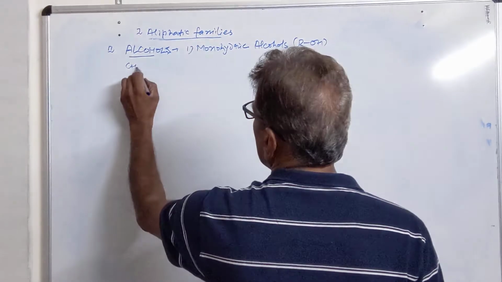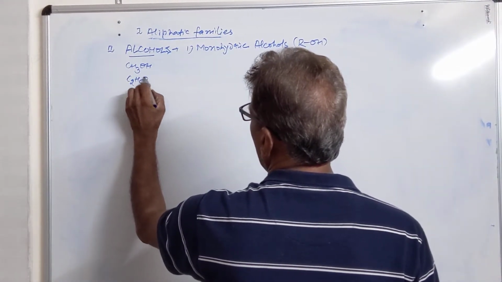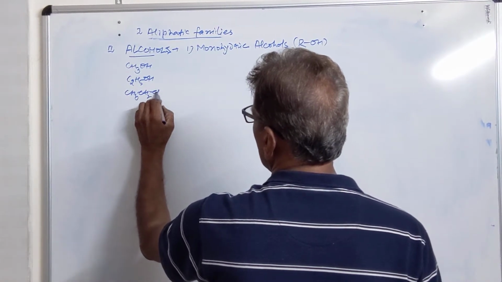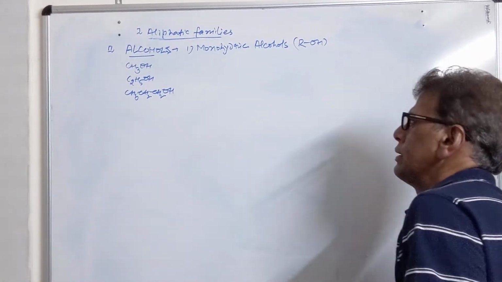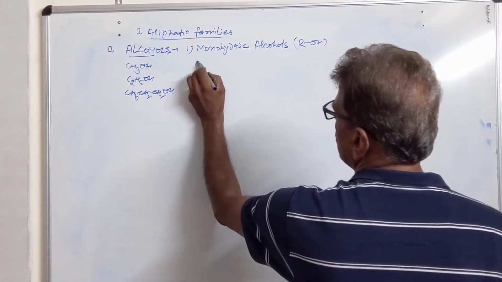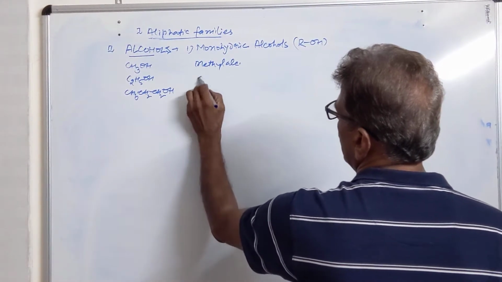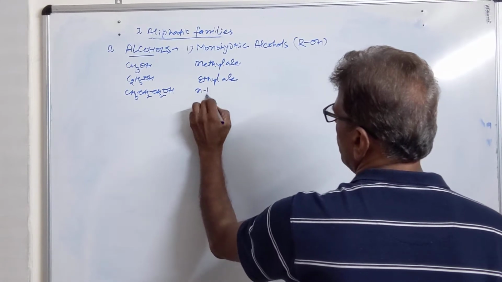First member is CH3OH, second is C2H5OH, third is CH3CH2CH2OH. So the first system is methyl alcohol, ethyl alcohol, n-propyl alcohol.